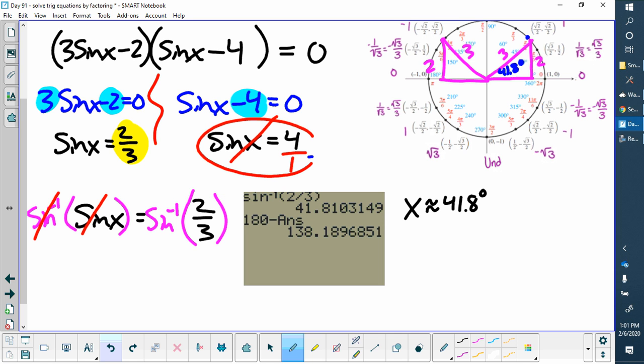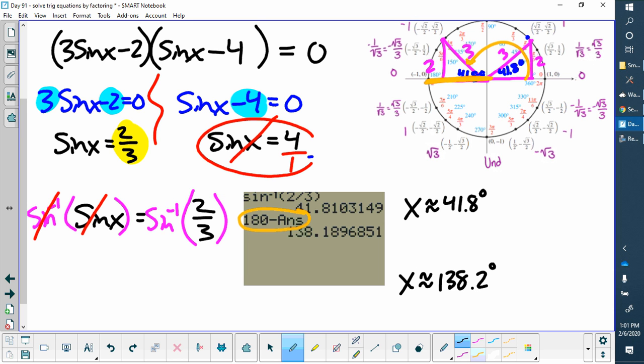I know this is 41.8, but I'm not looking for that angle. I'm looking for this angle that goes from here to here. And if half a circle is 180, I just took 180 and subtracted that. So my other answer is x is approximately equal to 138.2 degrees, and we'll round.